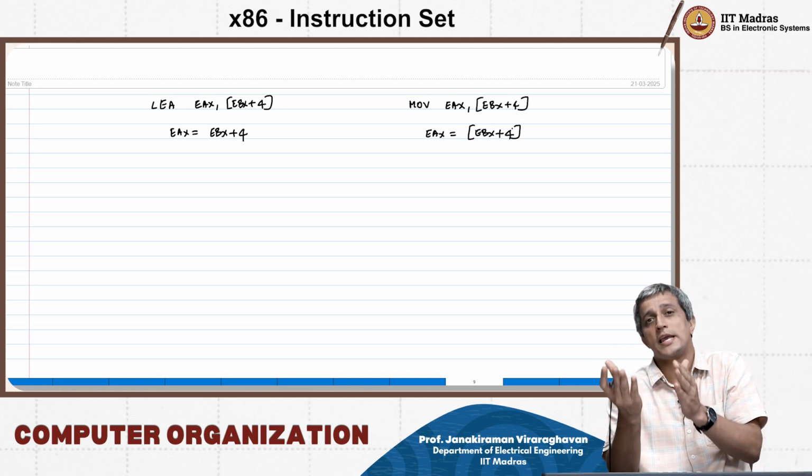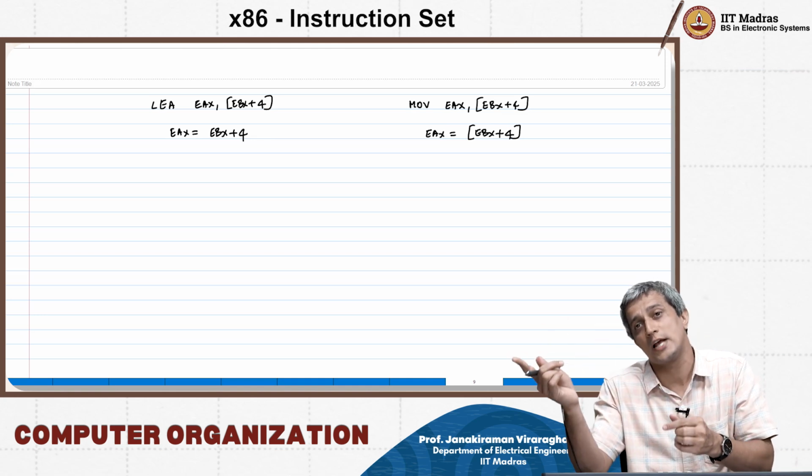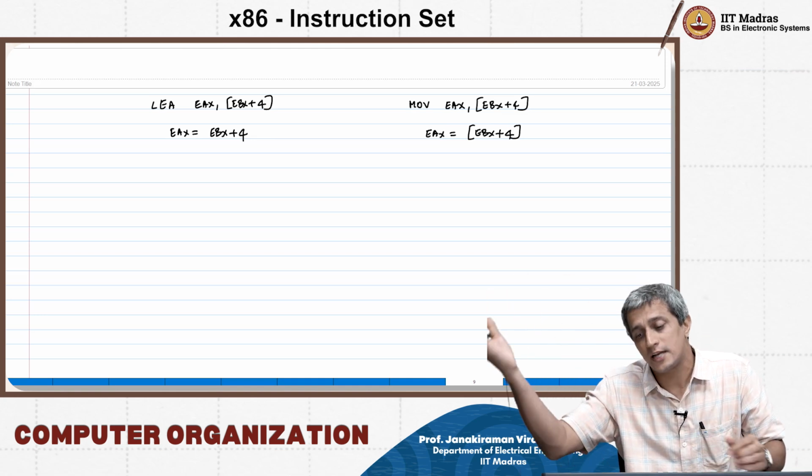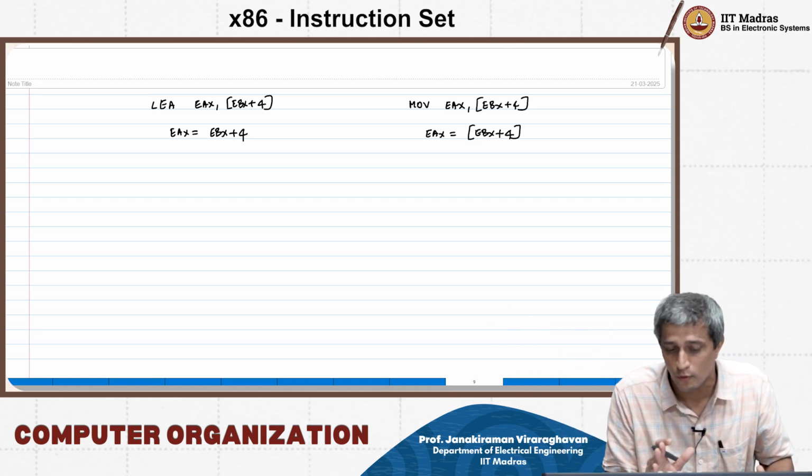So EBX is read out, 4 is added to it, then that's placed on the address bus. It reads the data from that address and writes it into EAX. That is what happens in the move operation.